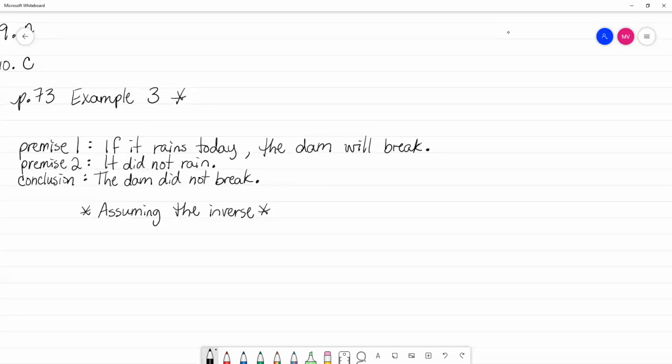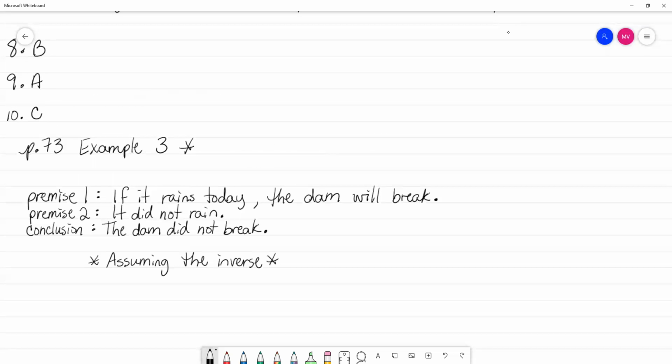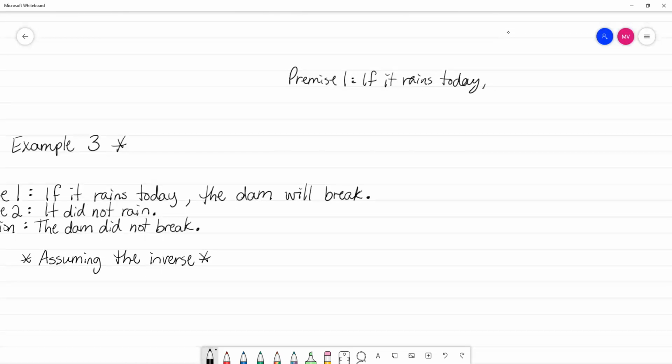Now, this is not assuming the inverse. I can show you a correct, valid logic for this. So again, let's say premise 1 is the same. If it rains today, the dam will break.